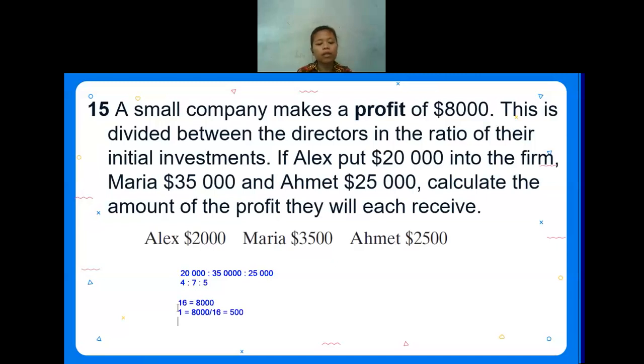For the 4, you do 500 times 4, which is equal to 2,000, and so on. For the 7, you do 500 times 7. For the 5, you do 500 times 5. So the share of the profit is: Alex will get 2,000, Maria will get 3,500, Ahmed will get 2,500.